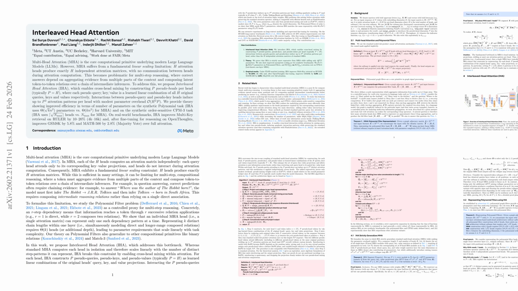After OpenThoughts fine-tuning, it reaches 54.2% GSM8K Maj@16 and 18.4% MATH-500 Maj@16, outperforming full attention by 5.8 and 2.8 points, respectively. On synthetic binary and ternary relation composition, IHA also beats MHA and simplicial attention by up to 4.7% and 3.3%.